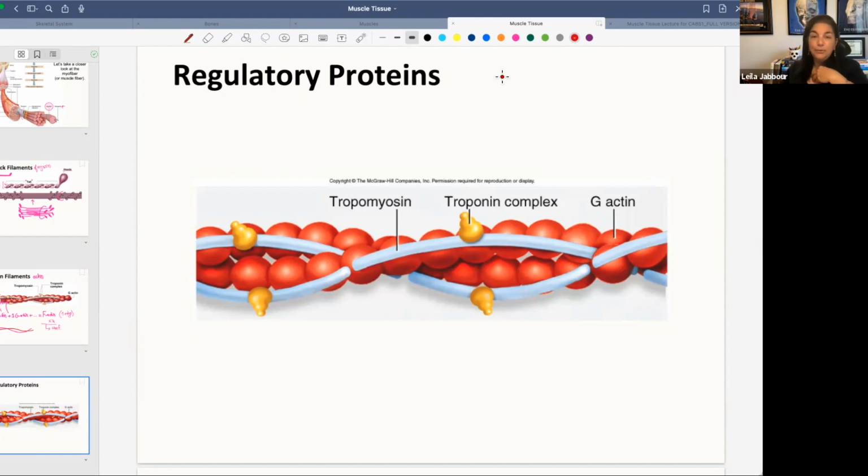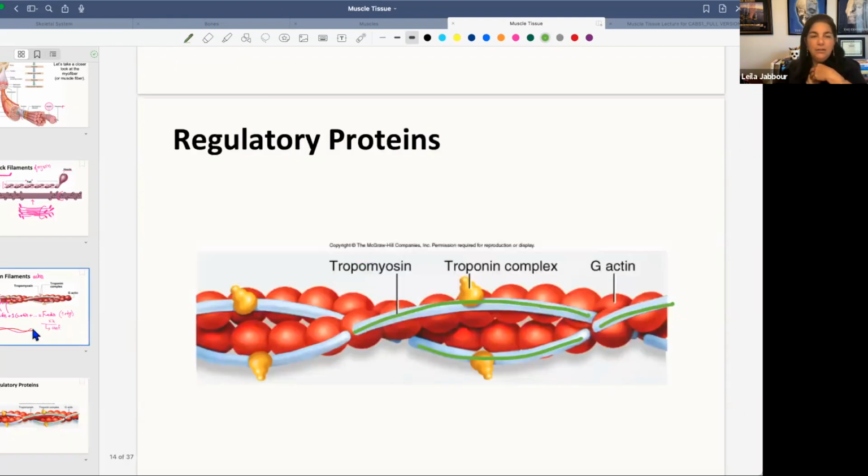So these regulatory proteins are sitting in the grooves that are formed by this intertwining.